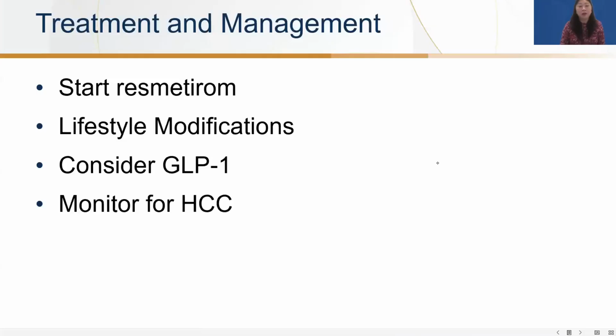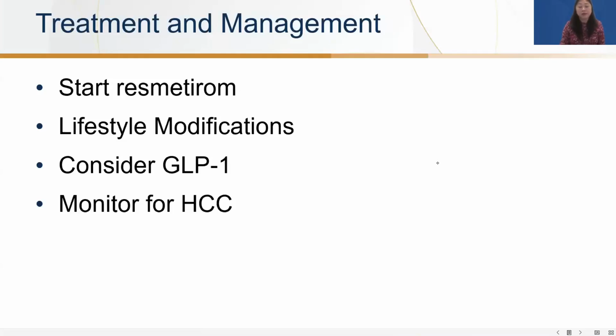Current guidelines do not recommend routine hepatocellular carcinoma screening in non-cirrhotic MASH. However, we know that patients with MASH can develop liver cancer in the absence of cirrhosis, and the risk is 0.2% per year.